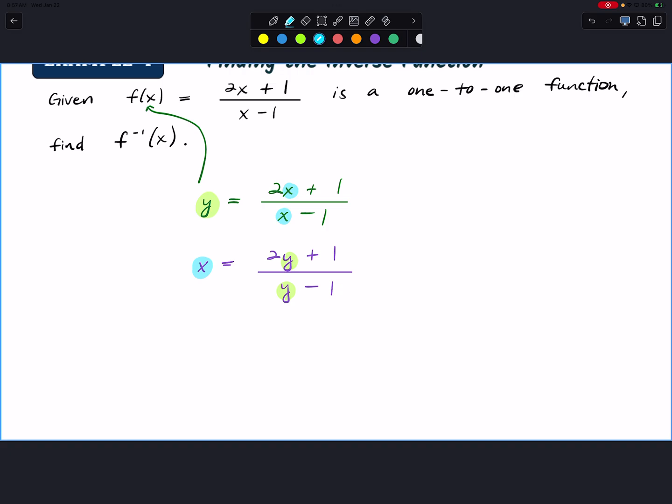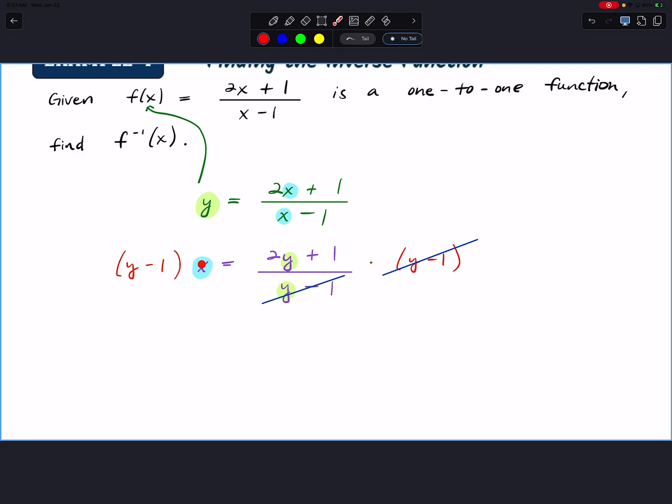Is everybody cool with that? Now here's the strategy for this. We want to get y by itself, right? I have two y's on the right side, one of them on top, one of them on the bottom. So I want to get rid of the y on the bottom. So what I could do is multiply both sides by the denominator, y minus 1. By doing that, this will cancel.